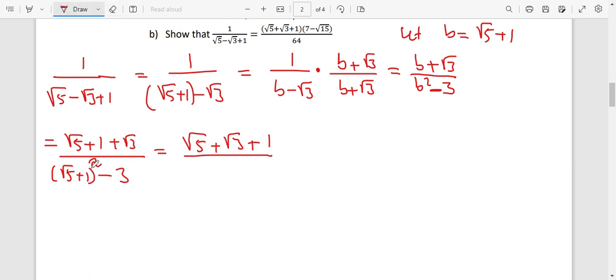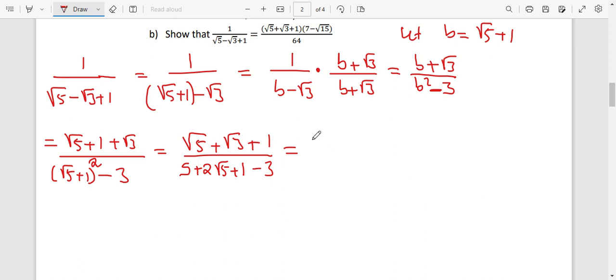So root 5 plus 1 squared, we get the root 5, you square it, that is going to just give you a 5, right? And then you get the 2, you multiply by root 5, you multiply by 1, that is going to give you 2 root 5. And then you get 1, you square it, that will just give you 1, right? And then at the end you have got minus 3. If you are not good with this, but it is the simplest method you can use, just write root 5 plus 1 twice, and start crossing and multiplying.